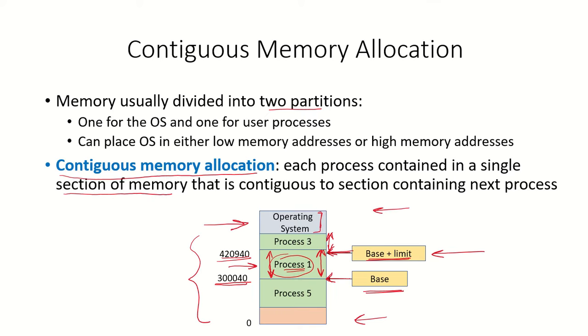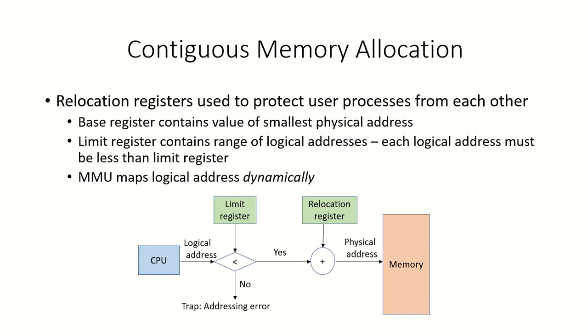So any address which this process accesses is valid only if it lies within this range. Similarly, each process will have its own base and a maximum address which it can access. So to protect the user processes from accessing the space of each other, relocation registers are used.